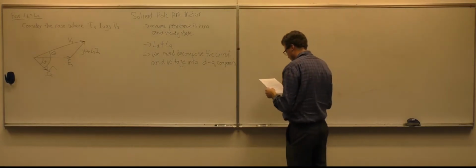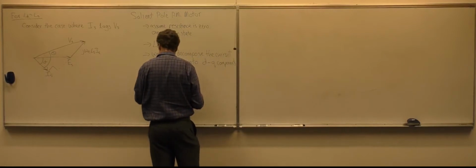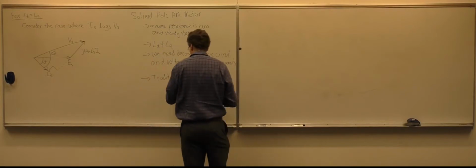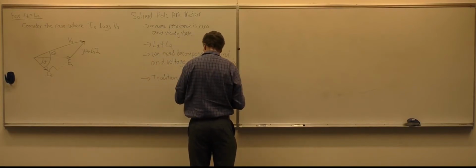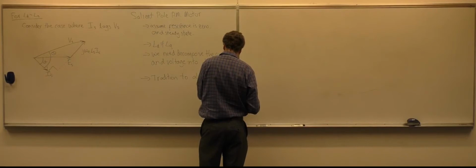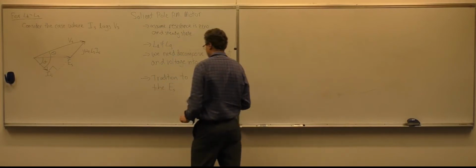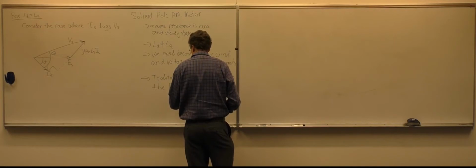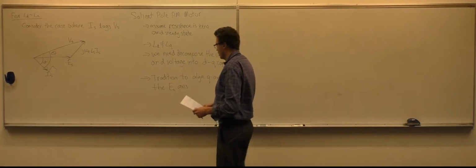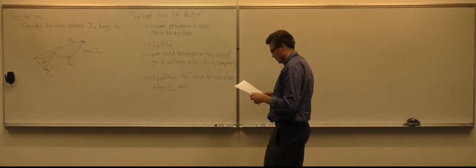Okay, so it's tradition, when doing the vector diagram, and it makes physical sense as well, as hopefully you'll see, to align the q-axis along the ES axis, so along the direction that the induced voltage from the rotor flux is directed.